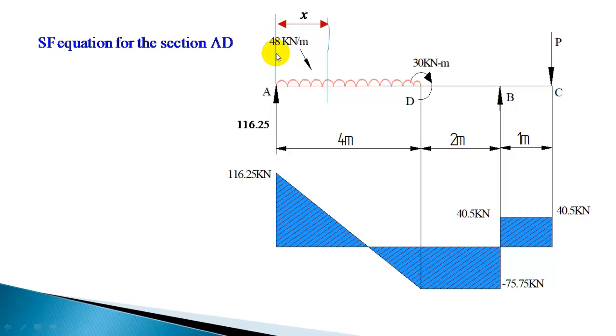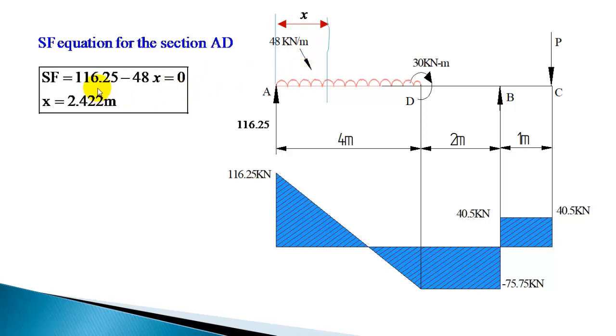For x meter it is 48x kilonewton. So 48x will be the downward load. So 116.25 minus 48x will give the shear force for the section AD. You can use x values from 0 to 4 meter. This equation is valid, and you can find the shear force by substituting any value between 0 and 4.